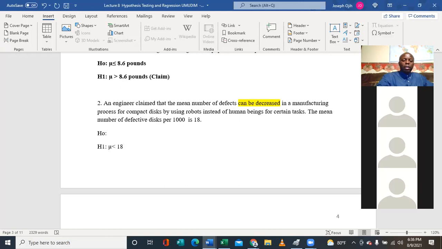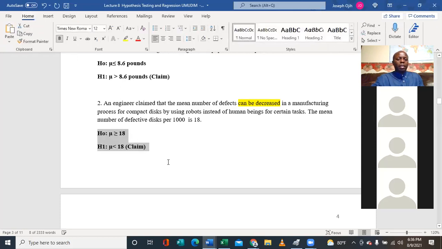So this is our claim right here. Now, the opposite would be the mean is greater than this, because the opposite of less than is greater than. But you cannot use the greater than symbol in the null. You can only use greater than or equal to. So the mean is greater than or equal to 18. See? Very easy to state hypothesis.